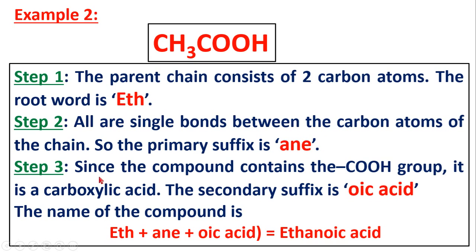Step 3, since the compound contains COOH, which is a carboxylic acid, the secondary suffix is oic acid. So the name of the compound is eth plus ane plus oic acid. You remove the E from ethane and put oic acid. Ethanoic acid. The name of the compound CH3COOH is ethanoic acid.